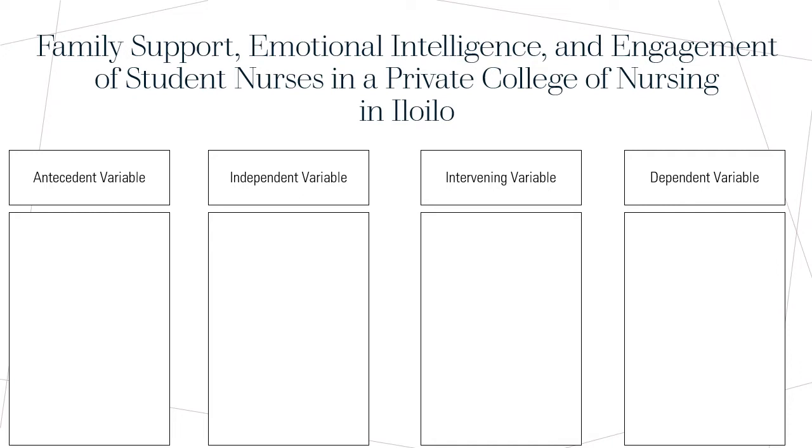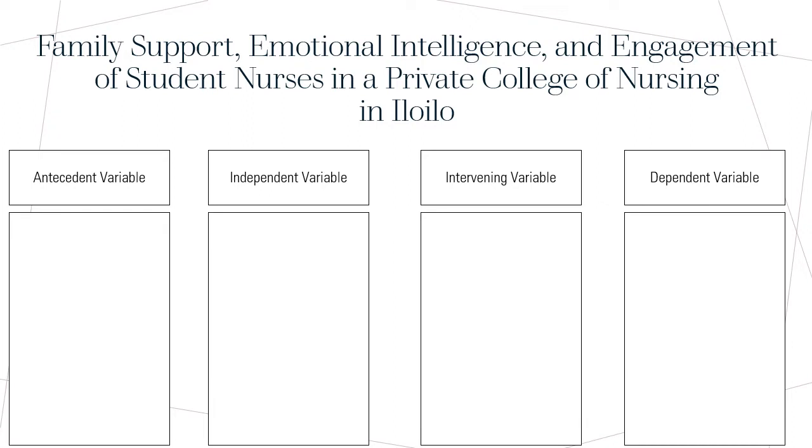That is my general objective. As you can notice, your general objective is only a restatement of your title. I just rephrased my title and made it a statement that says, this study aims to. Some institutions would say, this study generally aims to determine. Okay, that's how you state your general objective.